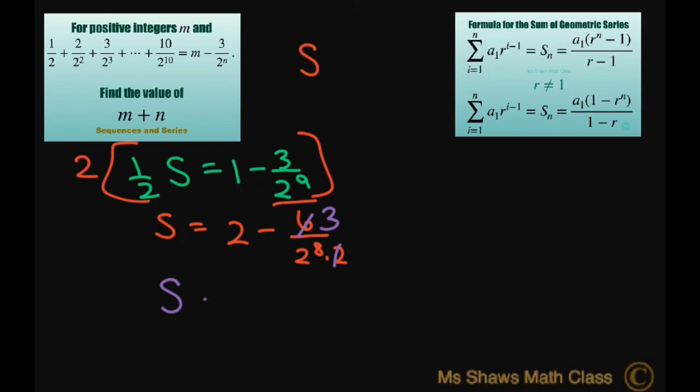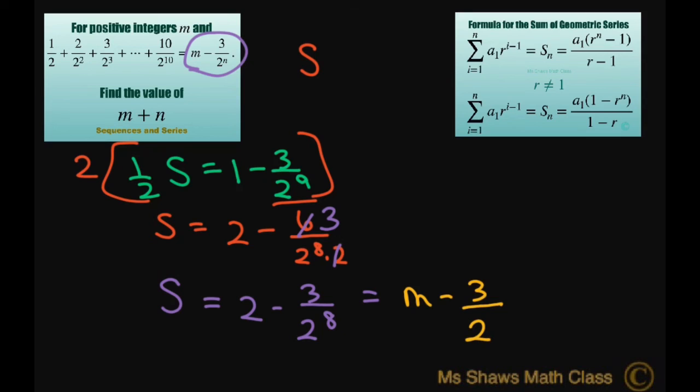So my sum equals 2 minus 3 divided by 2 to the power of 8. And our sum was given here as (m minus 3) divided by 2 to the power of n. Therefore, doing the matchy thing, m equals 2 and n equals 8.